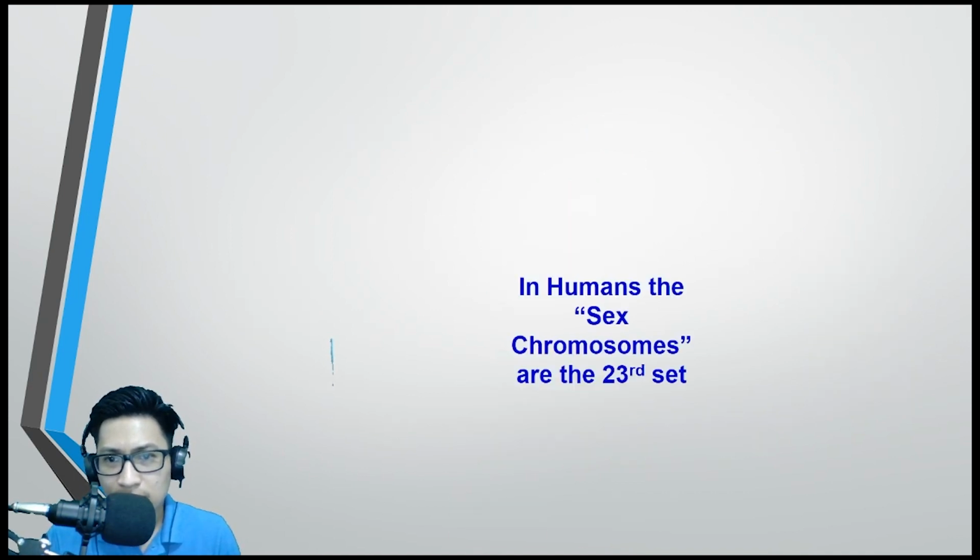In humans, the sex chromosomes are the 23rd set. Okay? Katulad ng pinag-uusapan natin kanina, the first 22 chromosomes are what we call the autosome, while the 23rd is the sex chromosome. The sex chromosome determines the gender of the organism.